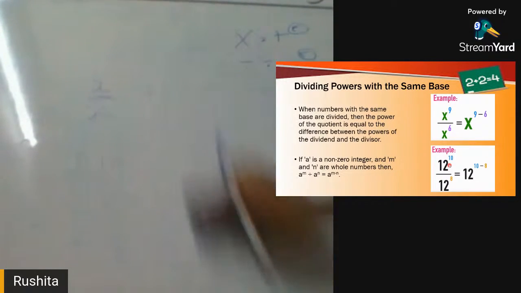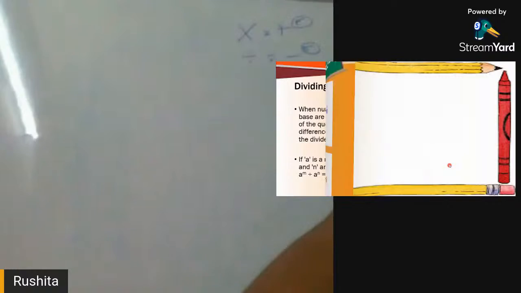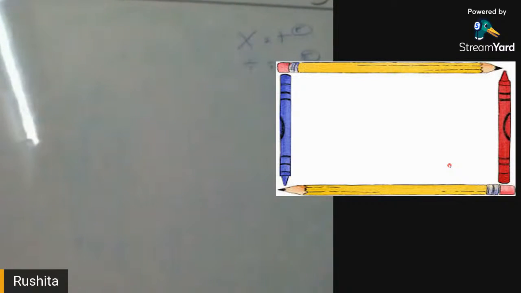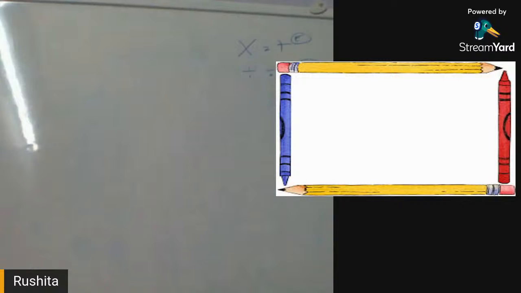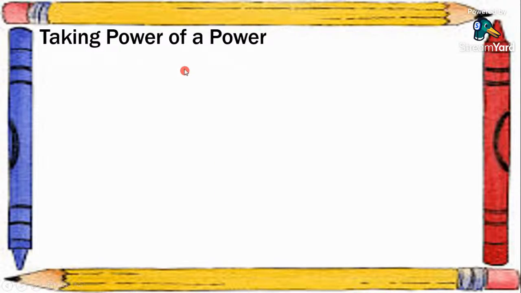Now let's go to the third law. Third law of exponents, which is taking power of a power.